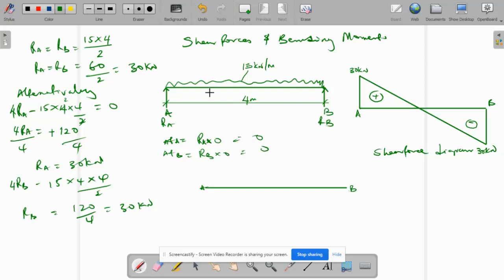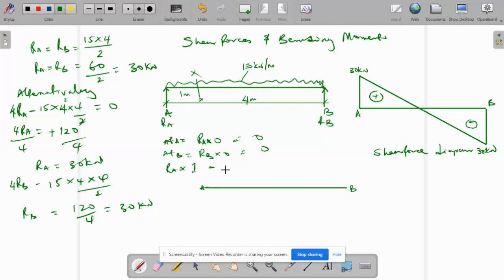Then at any point, let's say 1 meter from here, consider at 1 meter, what we'll have here is our bending moment will be our reaction, which is 30, RA times 1, minus the load.